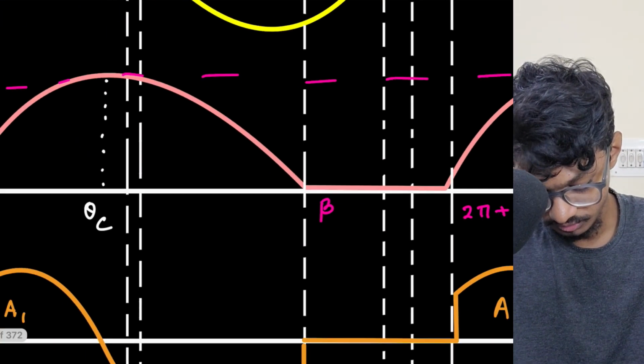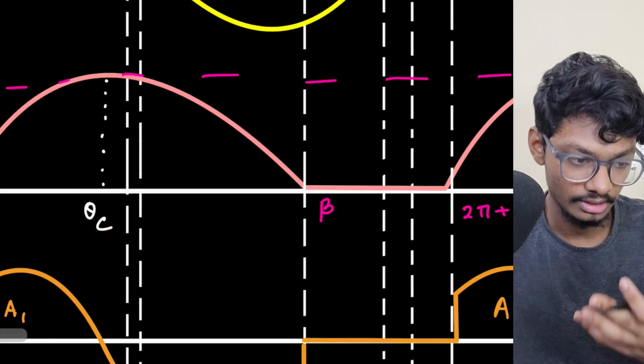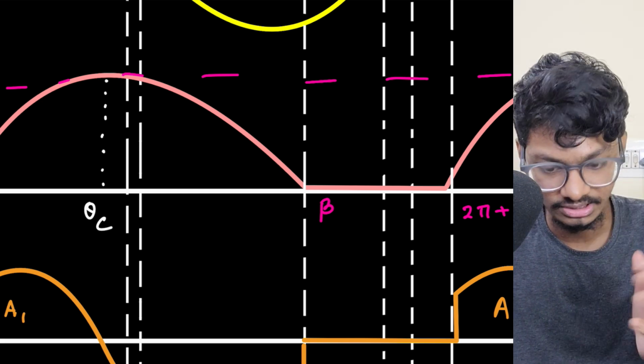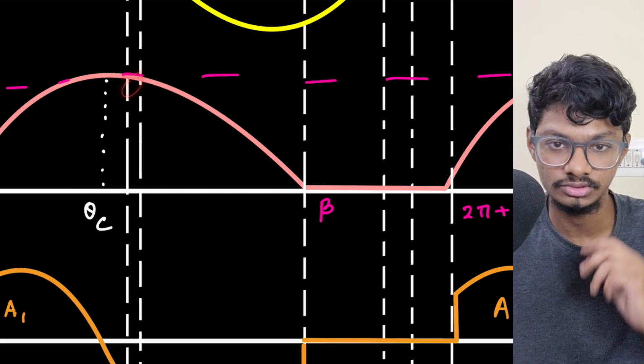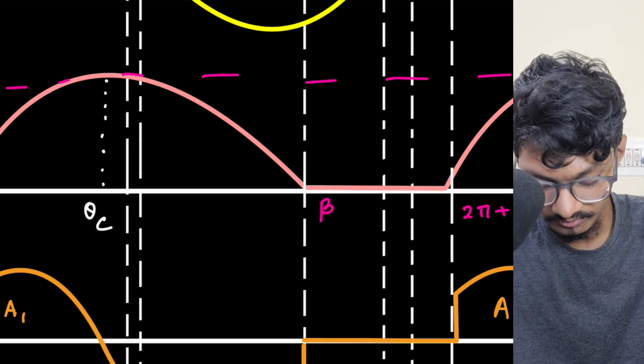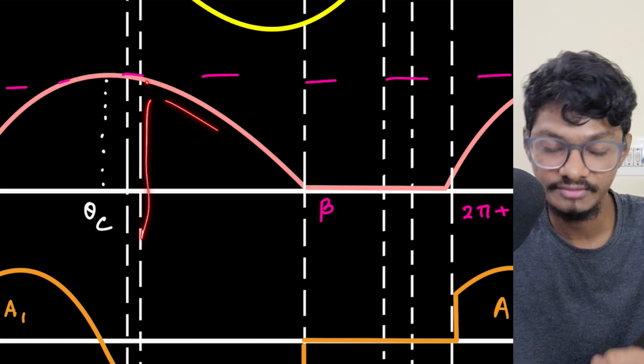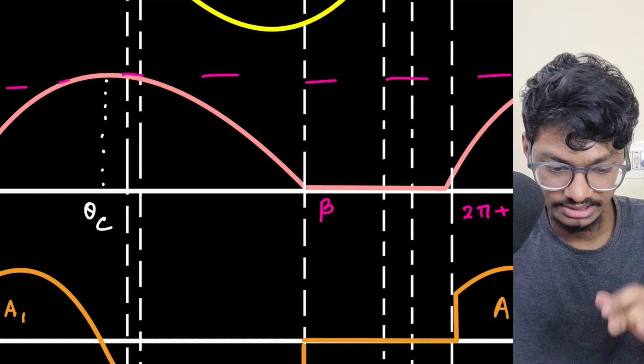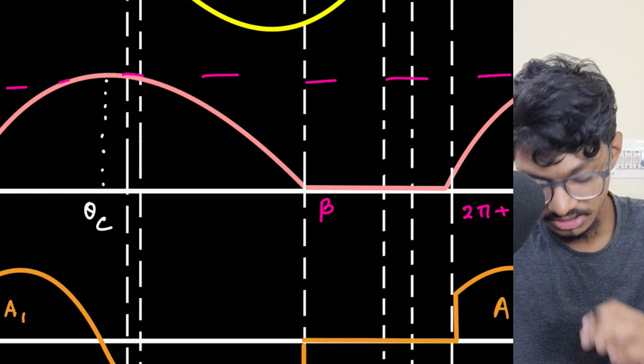Why? Because from here, it is delivering some energy to the resistor, then after this point it is delivering some energy to the resistor and the battery, and from this pi, it is delivering some energy to the resistor, battery, as well as the source.